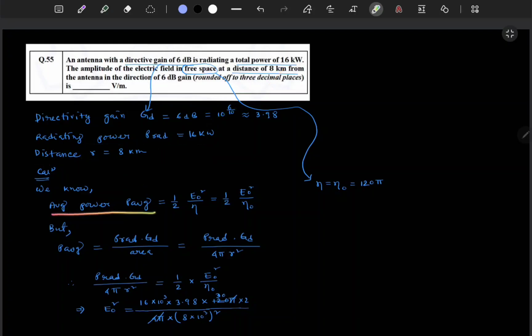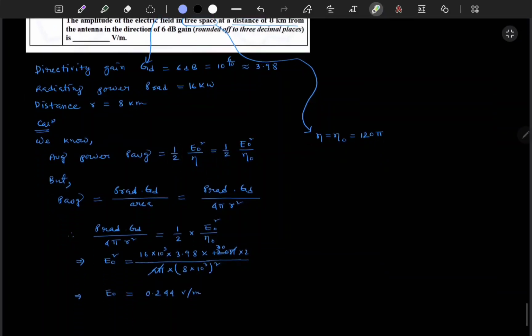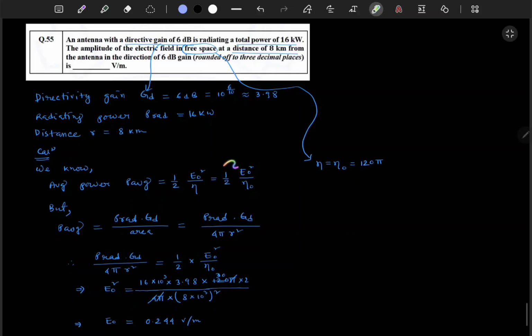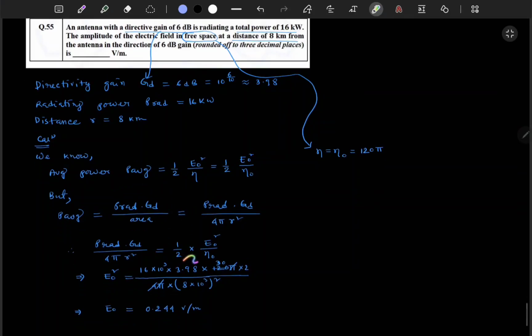We know that the average power formula is half of E naught square by eta naught, and eta naught for free space is 120 pi. So the P average formula is P radiated into GD by 4 pi R square, the area. This is the average power only.